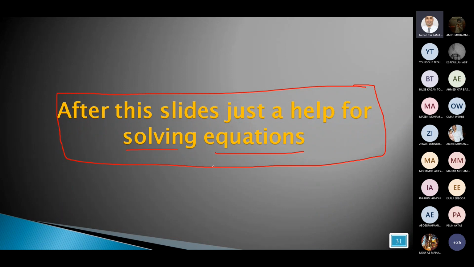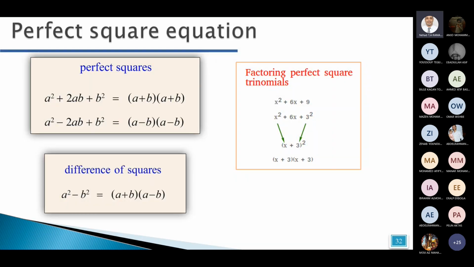It's like a revision of how to solve equations. We have many types of equations, for example the perfect square. When you have something like this, a perfect square, or this one, the difference between perfect squares. How to solve it? Here is an example. You can review the example at your house.